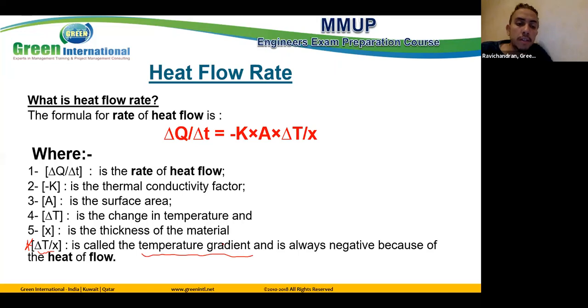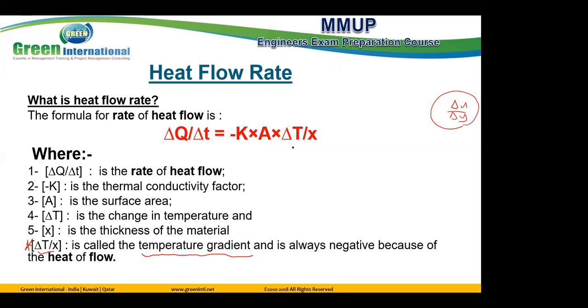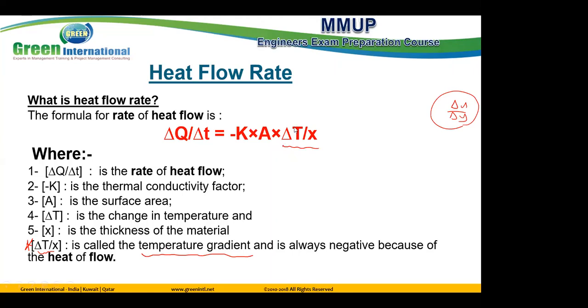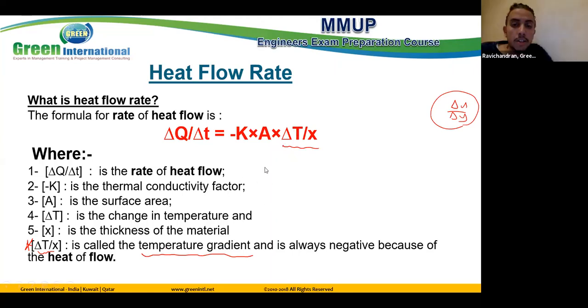Very important, please. You remember viscosity? What is that? Velocity gradient. This is similar: temperature gradient, delta T by X. Be careful, please. This is all the time negative, which is the reason to put the negative sign in the equation, to obtain a positive result at the end.